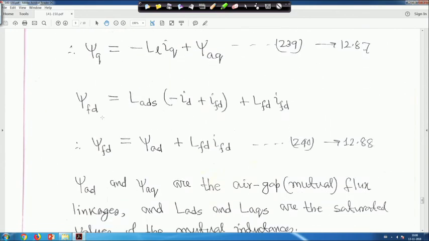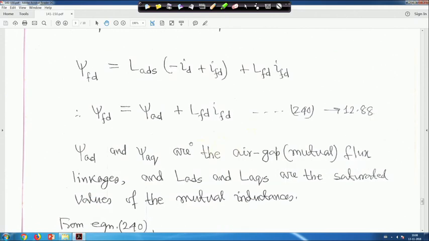Now therefore, psi FD is equal to LADS bracket minus ID plus IFD plus LFD IFD, going back to figure 20A or B, or psi FD is equal to psi AD plus LFD IFD, because this term is psi AD. That is equation 240.